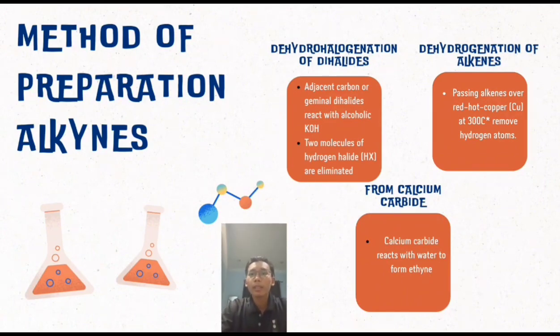Secondly, dehydrogenation of alkenes. Passing alkenes over red hot copper, Cu, at 300 Celsius removes hydrogen atoms. Lastly, from calcium carbide. Calcium carbide reacts with water to form ethyne.